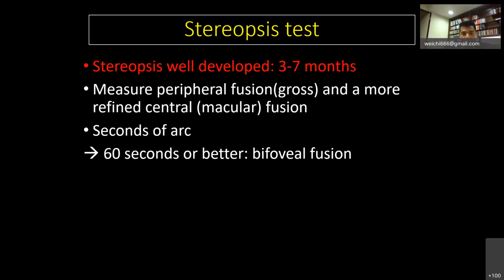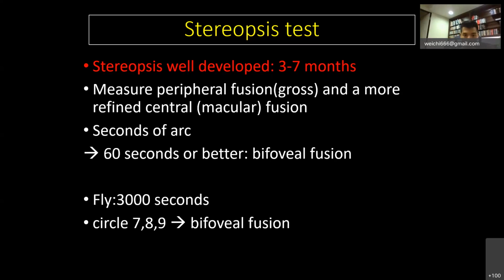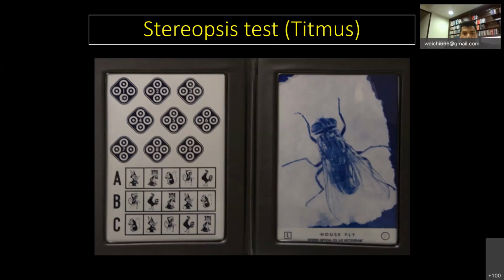So we have a couple of ways to measure a patient's stereopsis. We use seconds of arc to measure it. If a patient has a lower seconds of arc, that means the patient has good stereopsis. Okay. So this is a typical test we have for our patients. It's called the Titmus Test.